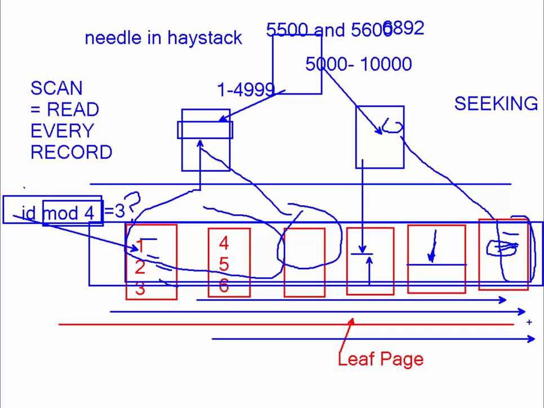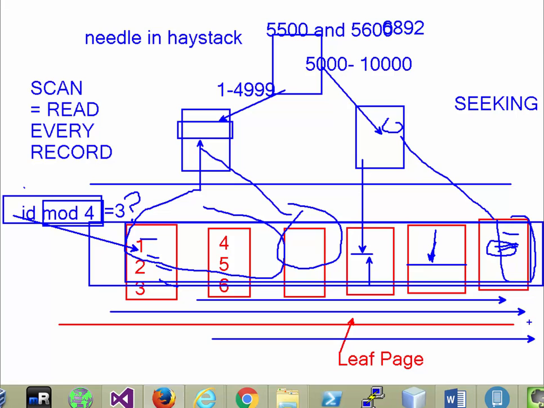Or if you really have to query a certain way, maybe you can create a filtered index or an indexed view. Does that make sense in terms of seek and scan? Yes. Okay.